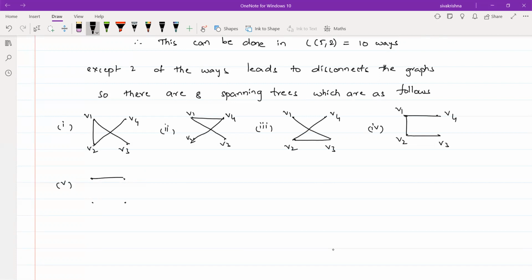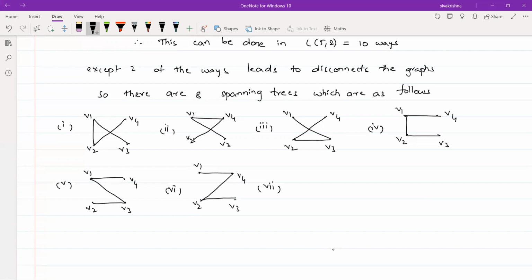So this is another spanning tree, v1, v2, v3, v4. Coming to the sixth one, 1, 2, 3, 4. So this is the sixth one, v1, v2, v3 and v4.